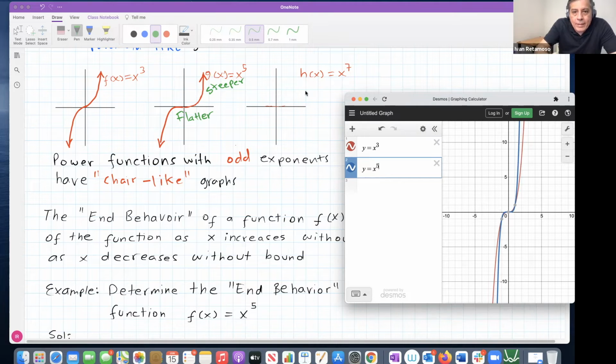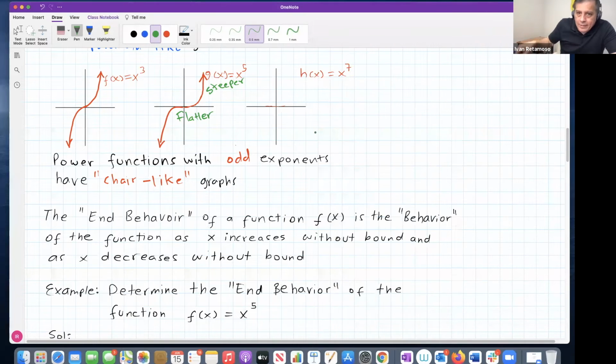So when we graph h of x equals x to the 7, not a surprise, the chair shape will appear, but now notice it is even flatter here close to the origin, and is steeper, grows faster than this one, right? Great. So play around with this Desmos graphing tool and confirm this fact.